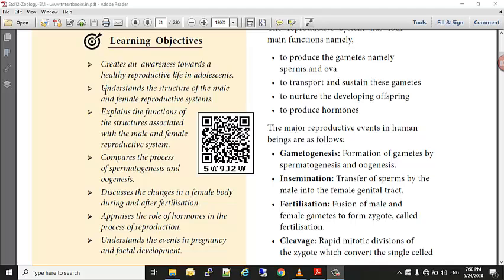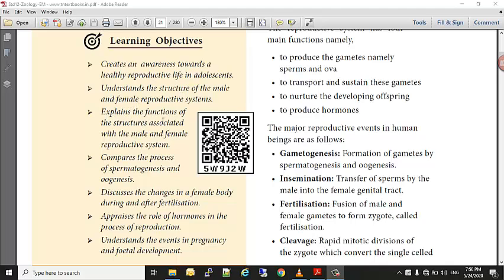Okay. Next, understand the structure of the male and female reproductive system. If you understand the structure only, that will help us to understand the functions and the entire physiological aspect. So basically we must know the structure. After studying this lesson, I hope that everybody will be clear with the structure and later with the functions.